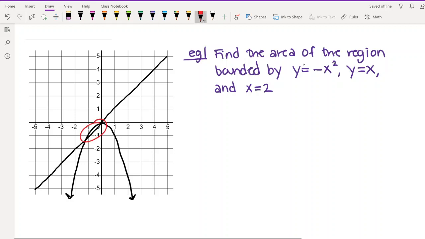This is not the region that we're talking about, because we're specifically looking for the region that is bounded by these two graphs, but also by the line x is equal to 2. So we have to put that in as well. So the line x is equal to 2 would be here. And so the area that we're actually looking for is this area here.